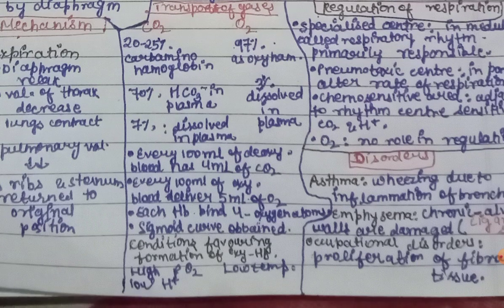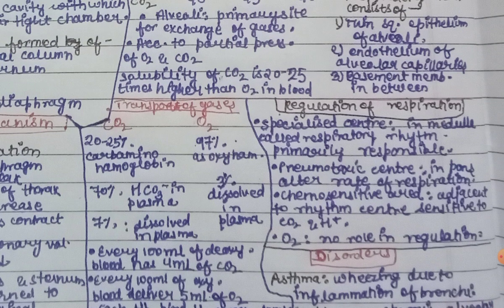Every 100 milliliters of deoxygenated blood has 4 ml of carbon dioxide. Every 100 ml of oxygenated blood delivers 5 ml of oxygen. Each hemoglobin binds to 4 oxygen atoms. Sigmoid curve is obtained. Conditions favoring formation of oxyhemoglobin are high partial pressure of oxygen, low temperature, and low hydrogen ion concentration.